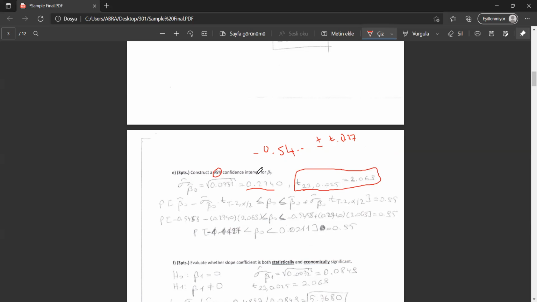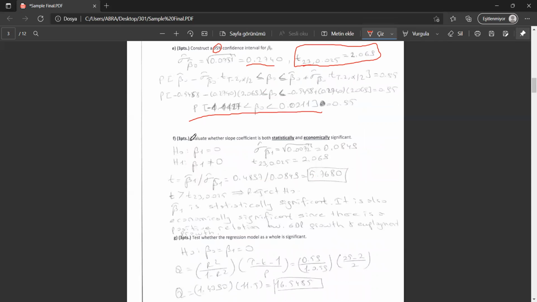And we calculated that our standard error for beta 0 hat is 0.27. And we have the estimated value, so we can construct the confidence interval. Subtract t times the standard error of beta 0 hat from minus 0.54, then add these terms to minus 0.54, and you get a confidence interval.